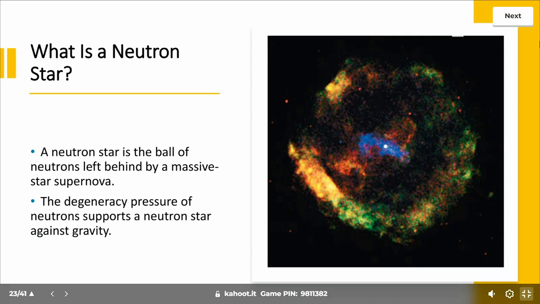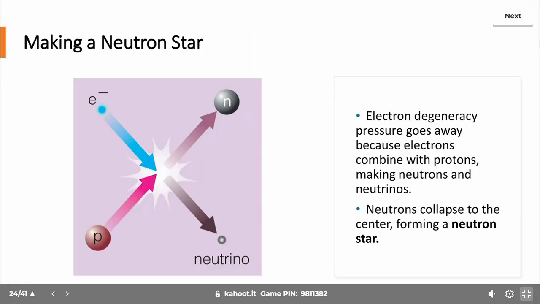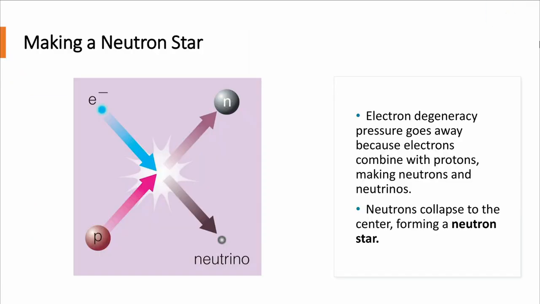The neutron star is the leftover core of a massive star that has gone supernova. It will also have a degeneracy pressure holding it up against the inward pull of gravity, but it's going to be neutron degeneracy pressure instead of electron degeneracy pressure. At the very end of a massive star's life, the pressure on the core, which was an iron core, is going to be so great that the protons and electrons will start to fuse together to make neutrons and neutrinos.